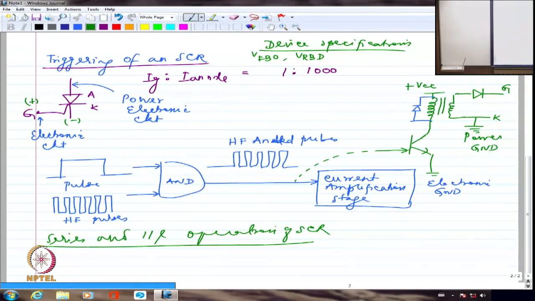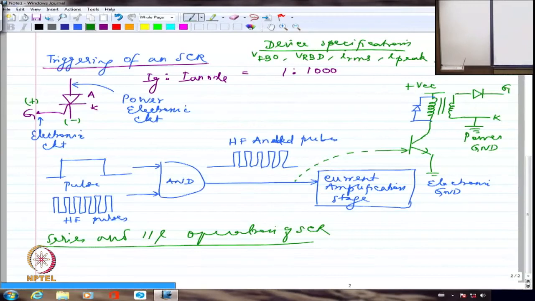Then apart from that, they'll also give what is IRMS it can withstand. Then they will give what is I peak it can withstand. Any device, right? And then they will say what is VGK that is needed for triggering the device.